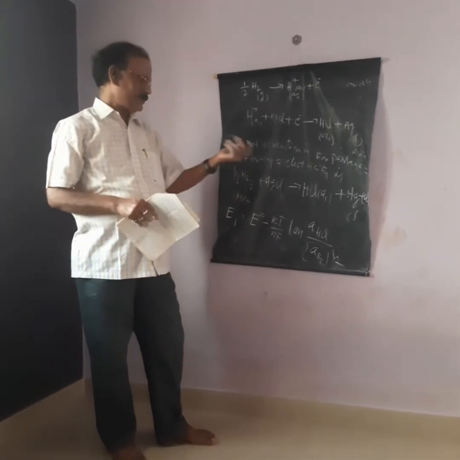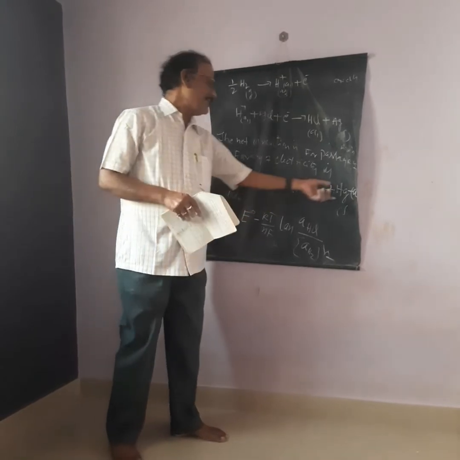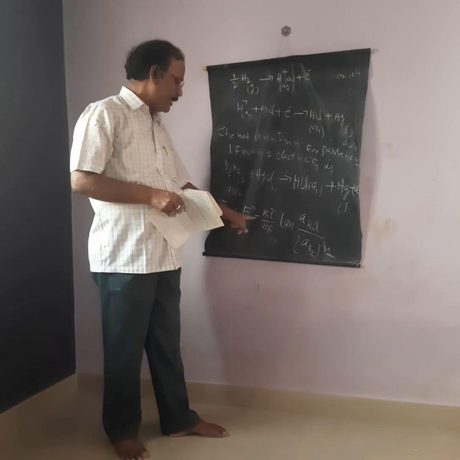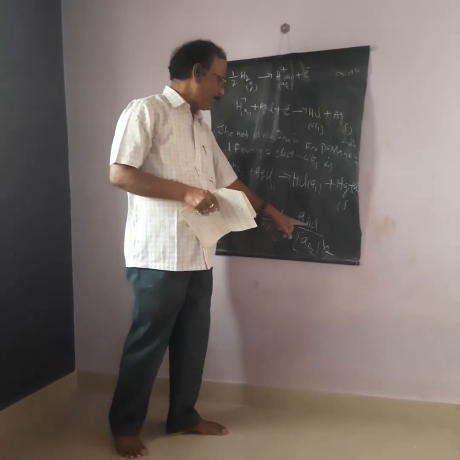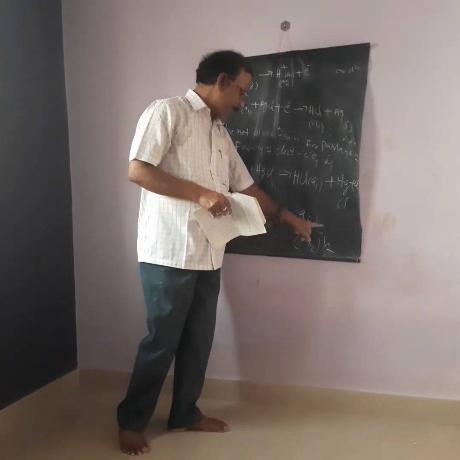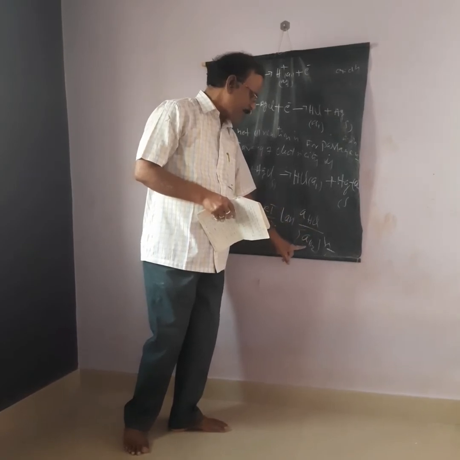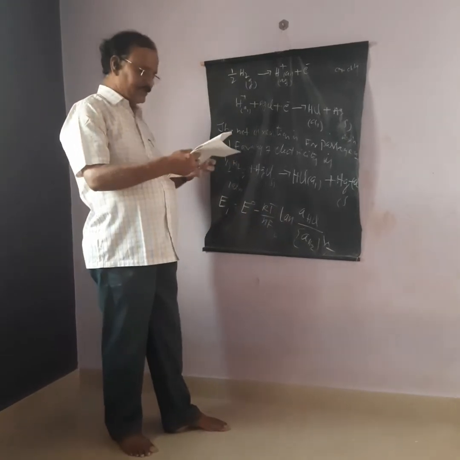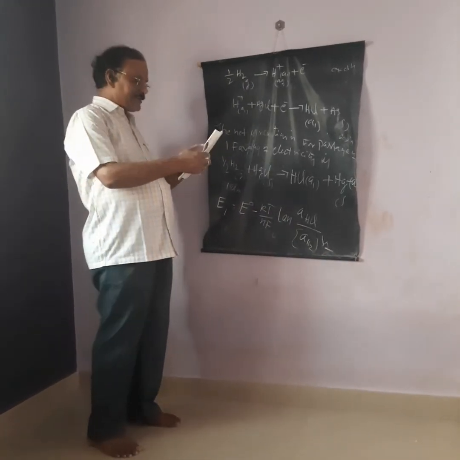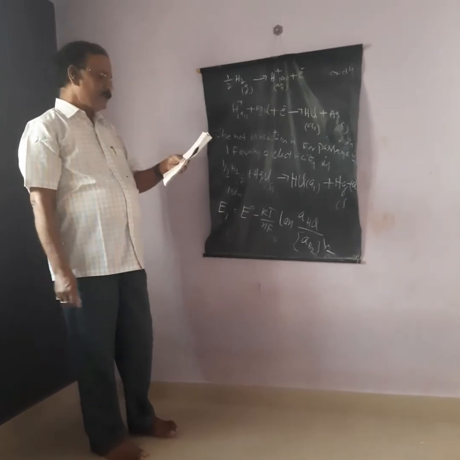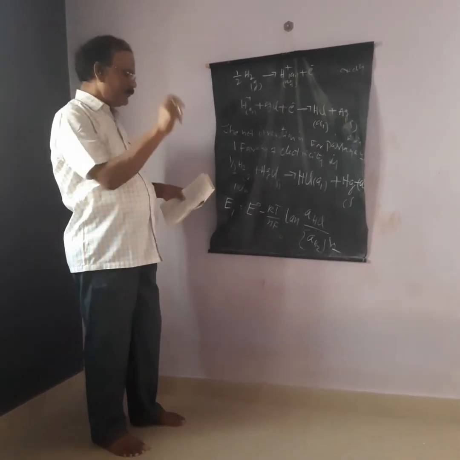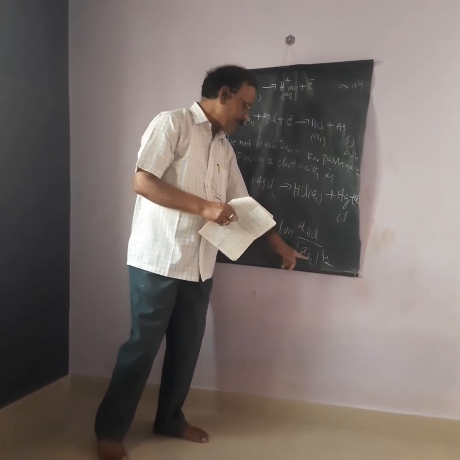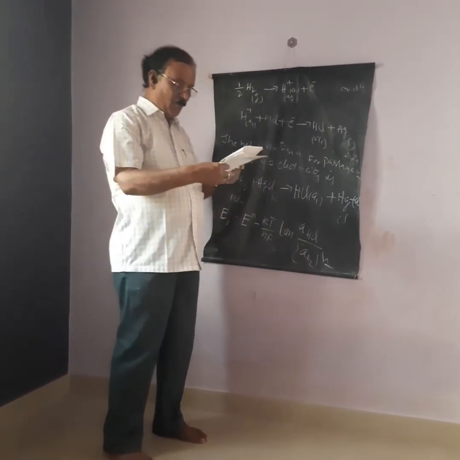Since the activity of solids is taken as 1, I can write E is equal to E0 minus RT by NF into ln of the activity of HCl divided by the activity of hydrogen raised to half. The activity of HCl is A1, and hydrogen at 1 atmosphere is taken as unity.